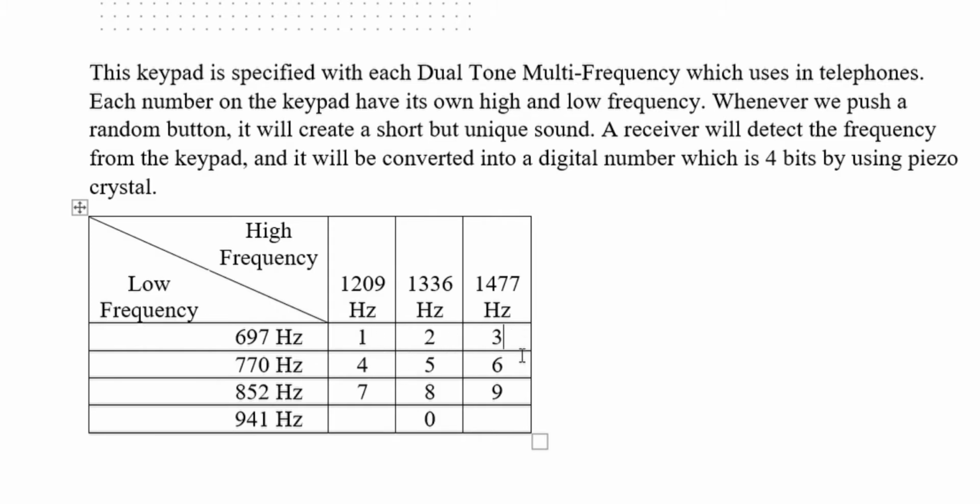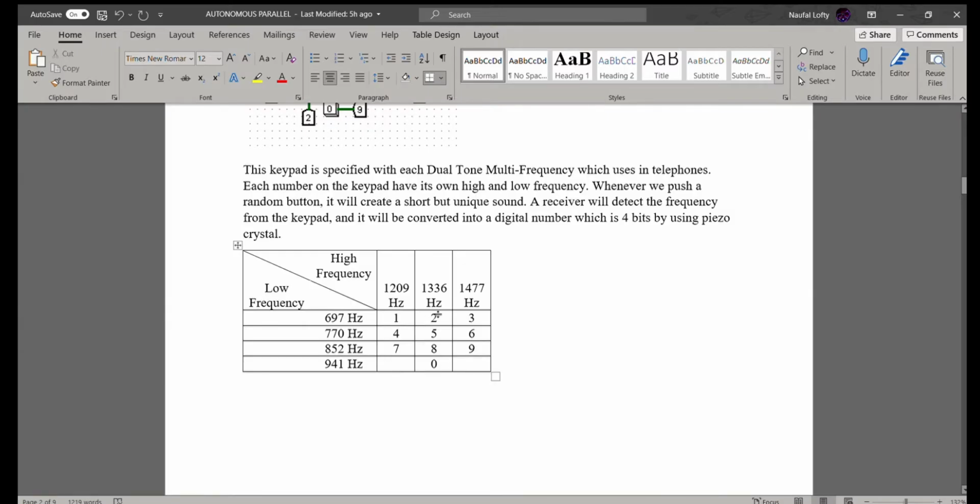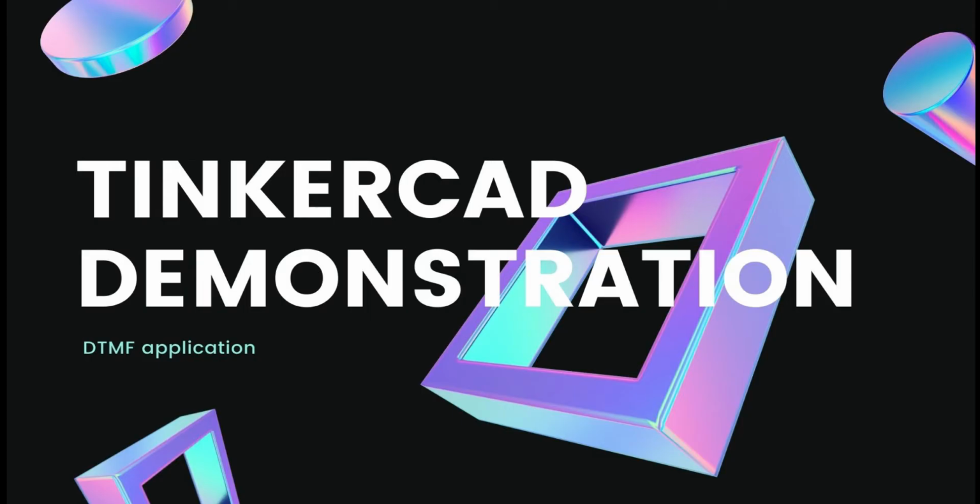So the sound will be transferred into the piezo crystal, and then the piezo crystal will transfer it into 4-bit numbers, and then the 4-bit numbers will be transferred into the 7-segment and display each number that is being pushed. Thank you.